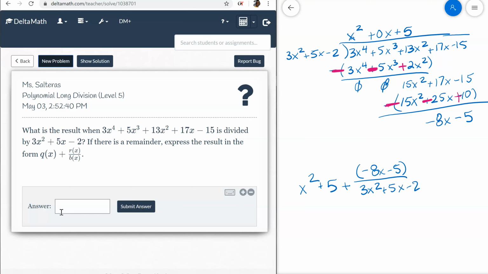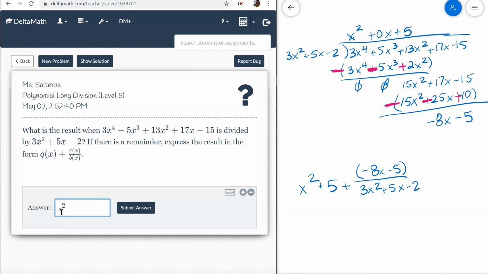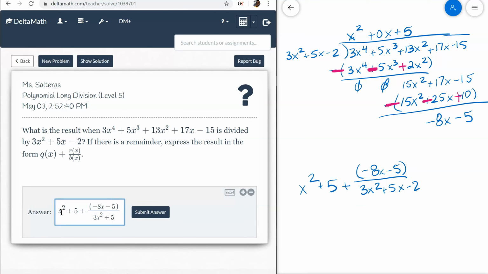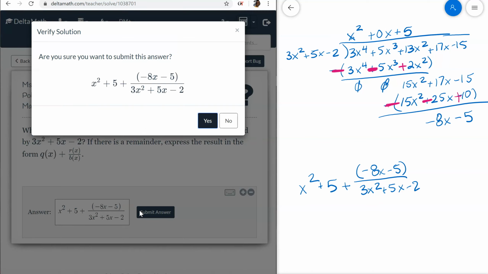We're going to type that in: x squared plus 5 plus parentheses negative 8x minus 5, close parentheses, divided by 3x squared plus 5x minus 2. Double check your signs with what you're given. Double check your work. Press submit.